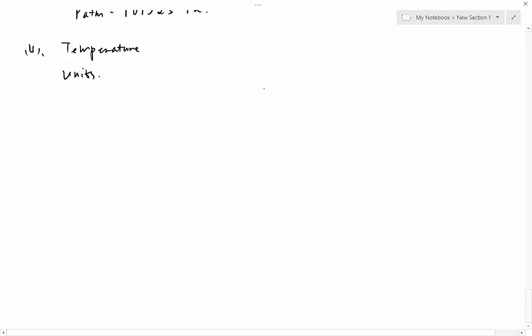For example, if I start from Fahrenheit, how do I convert Fahrenheit to Celsius? Fahrenheit minus 32 multiplied by 5/9. That will give you the temperature in terms of Celsius.